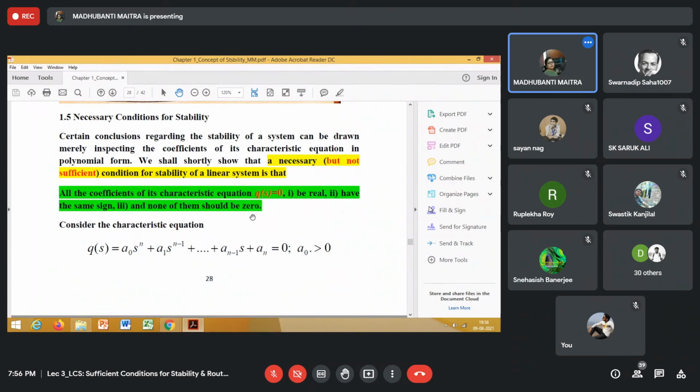So we can express those in product form, and if we multiply those and express the characteristic equation in polynomial form, then obviously all the coefficients will come out to be real, because the roots could be real or complex conjugate pairs. You get the point?